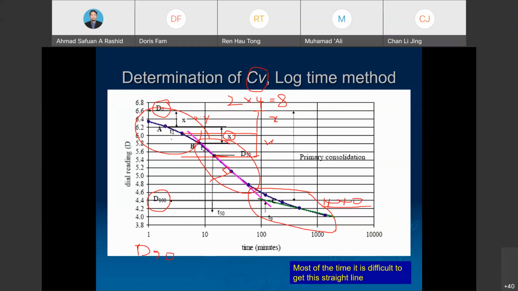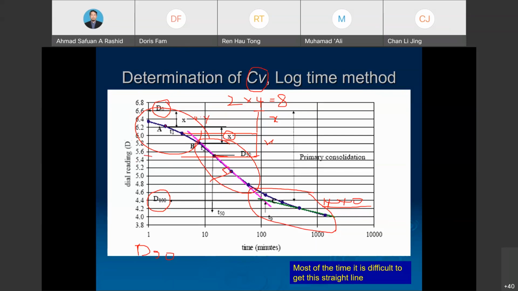So then the difference between D100 and D0, which is 6.6 minus 4.4, then we divide into 2, which is 2.2, 1.1. So then 6.6 minus 1.1, it will become 5.5.